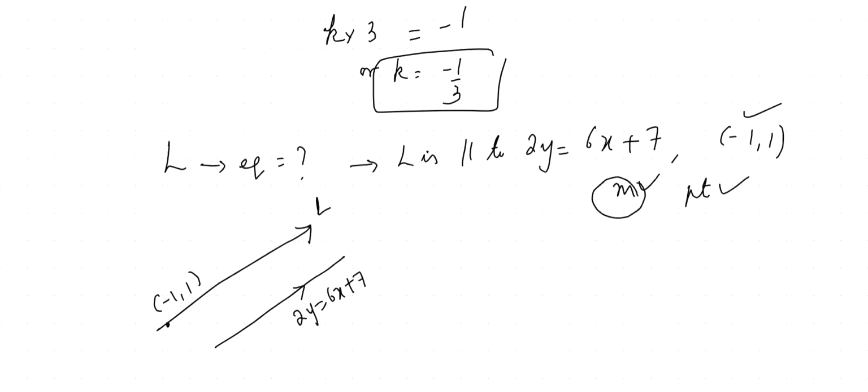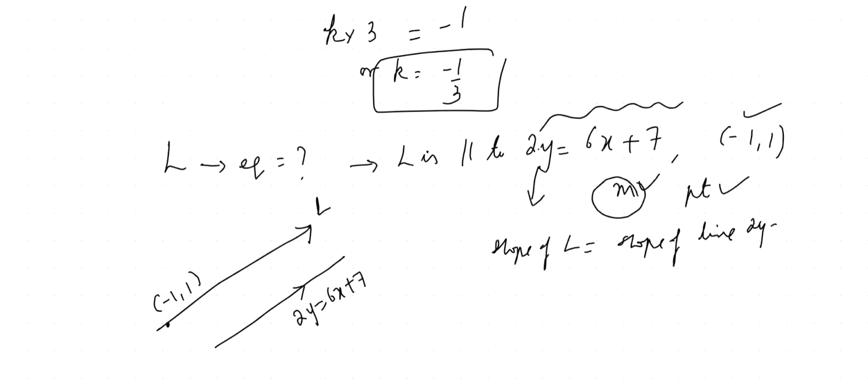I know it's parallel to 2y is equal to 6x plus 7. So if I find the slope of that line, I'm finding the slope of line L, because when two lines are parallel, their slopes are equal. So the slope of L is equal to the slope of the line 2y is equal to 6x plus 7.